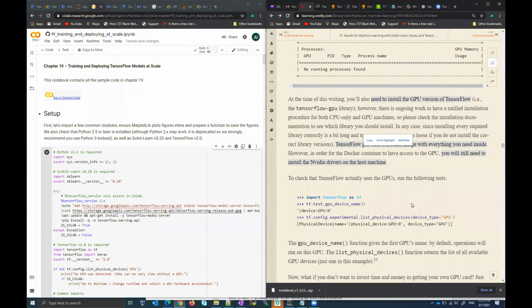Okay, also we can use a Docker image provided by TensorFlow with everything in place already, but I will still use the NVIDIA drivers for the GPUs.